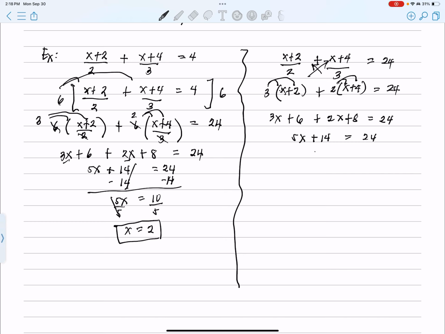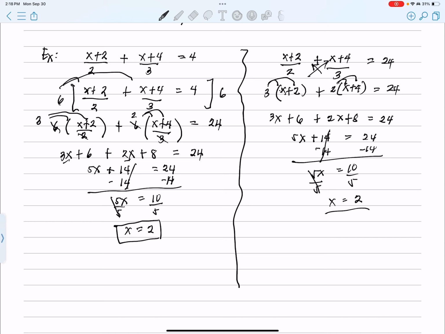Okay, so you subtract 14 on both sides. So I have 5x equals 10. You divide by 5. So x is equal to 2.